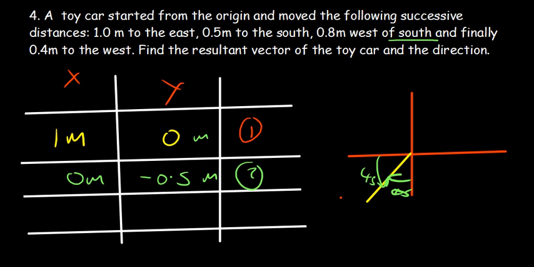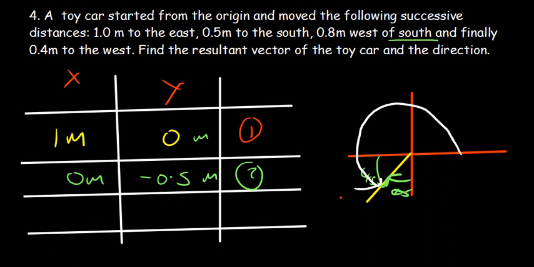So we want to measure our angles with respect to our positive x-axis. Okay. So if you measure this way up to that point, that would be 180 plus the 45, 225. Then we want to find the x and the y components using the 0.8.